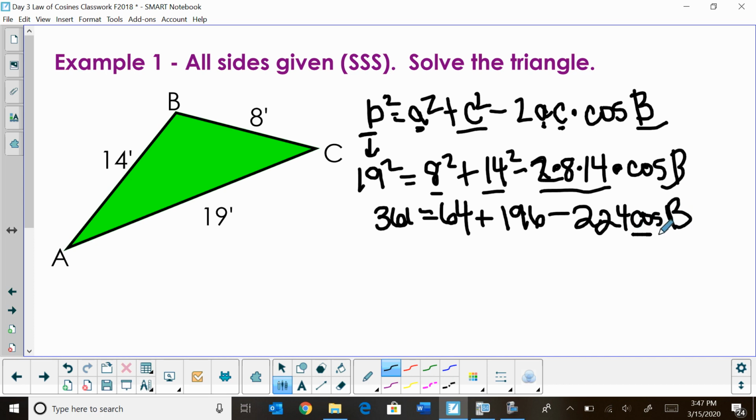Now we need to isolate cosine B. So the first thing we want to do is subtract 64 from both sides, and we want to subtract 196 from both sides.